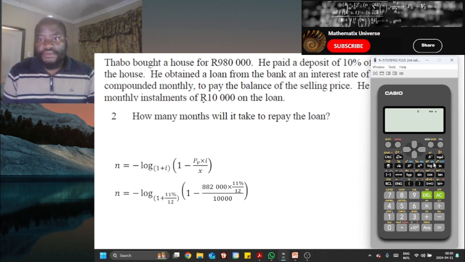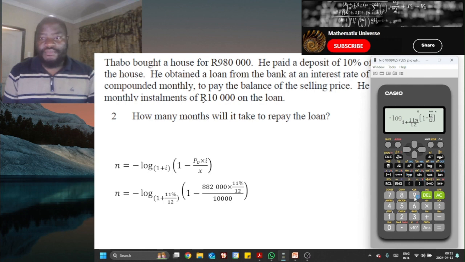So we will use the log with the two boxes. Let me go back there and put a negative. And then we will have 1 plus our fraction of 11% over 12. And then in here we will have 1 minus our fraction.